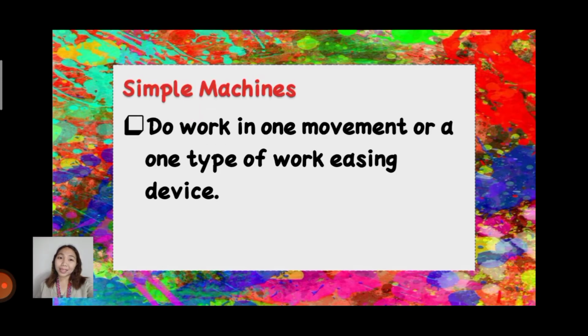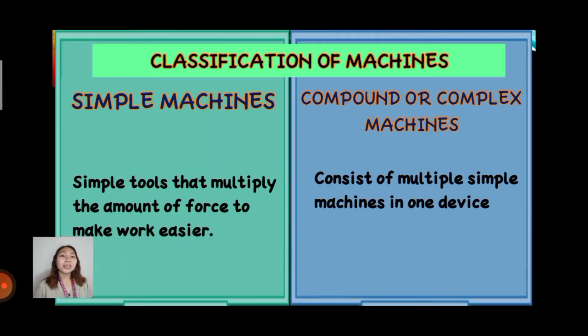And what is simple machines? Simple machines do work in one movement or one type of work using a device. Okay? So, here are the classification of machines. So, we have here the simple machines, and the other one is the compound or complex machines.